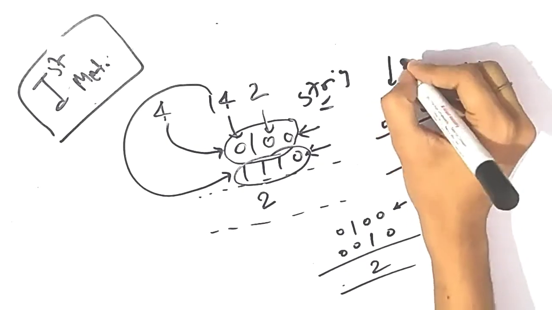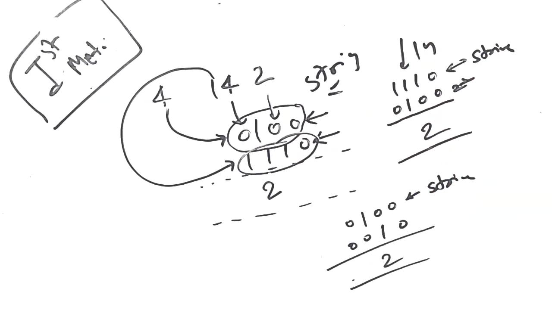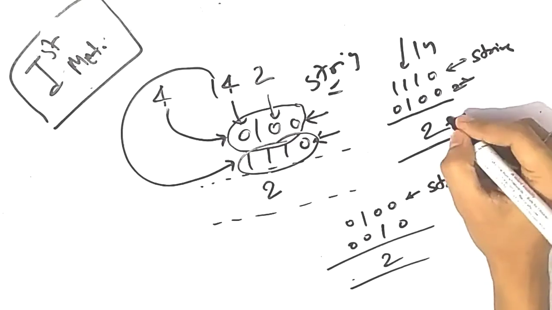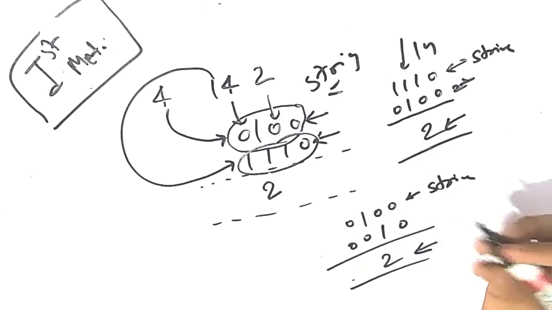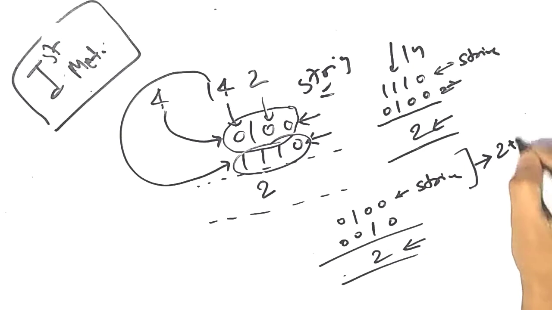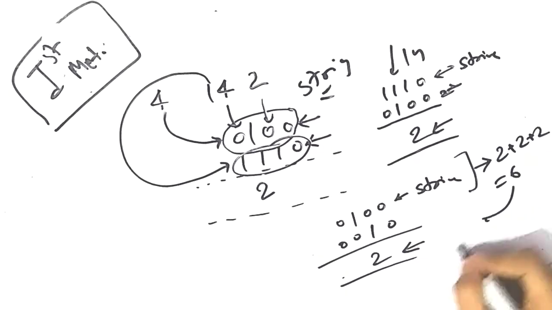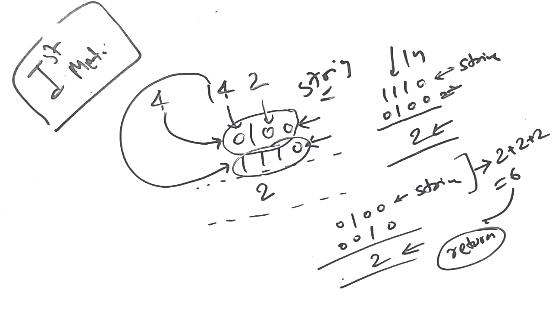Similarly for 14 and 2, we will calculate the binary representation and convert it into a string. Then we will find the Hamming distance by comparing each and every character of the string. So we will get 2. Similarly for this, we will get 2. So the total Hamming distance we will return is the sum of the Hamming distances of all the pairs. So our answer will be 6, and it will be returned from the function. So this is the first method of doing it.